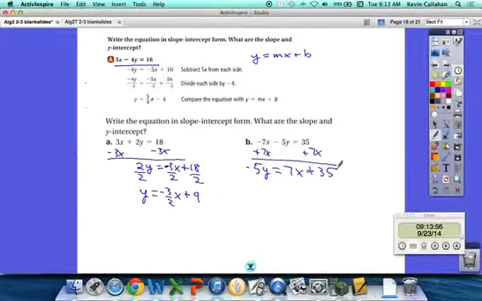And I see a lot of mistakes where you stop using the x. You just don't put the x in there at all. So make sure it says 7x. And then divide by -5. And then the -5s cancel. y equals -7/5 x minus 7.